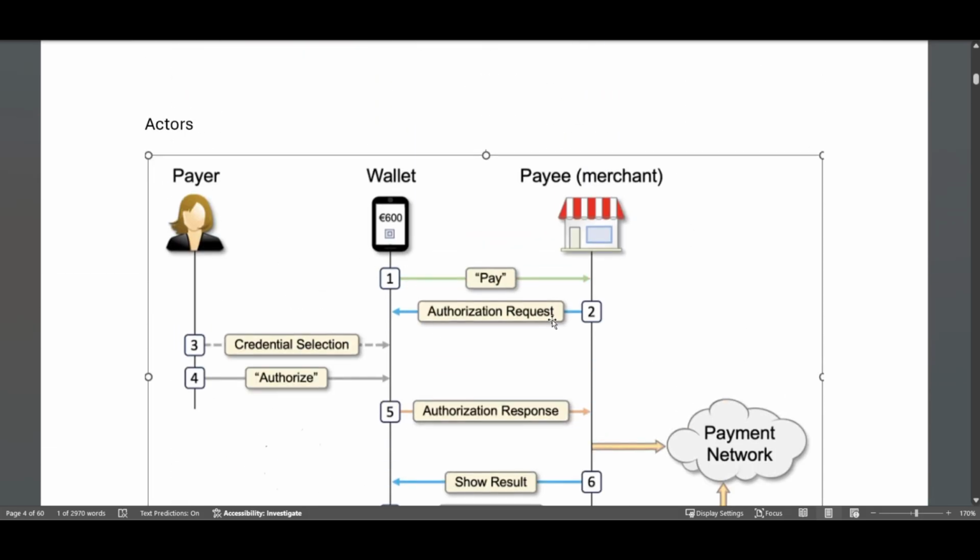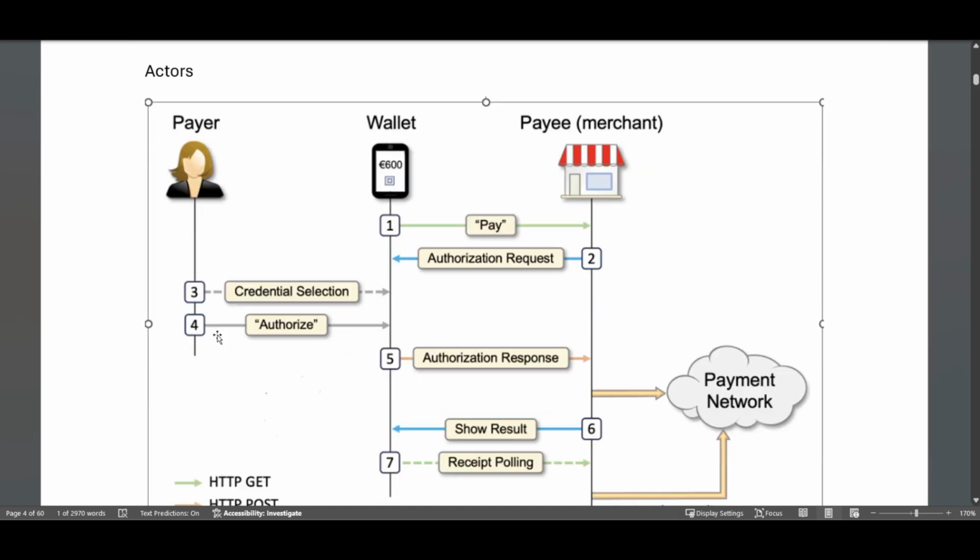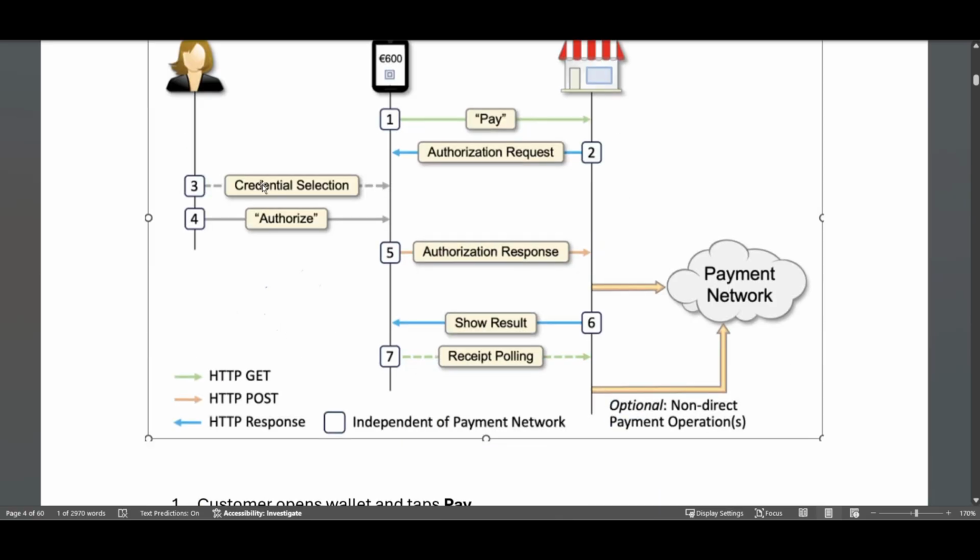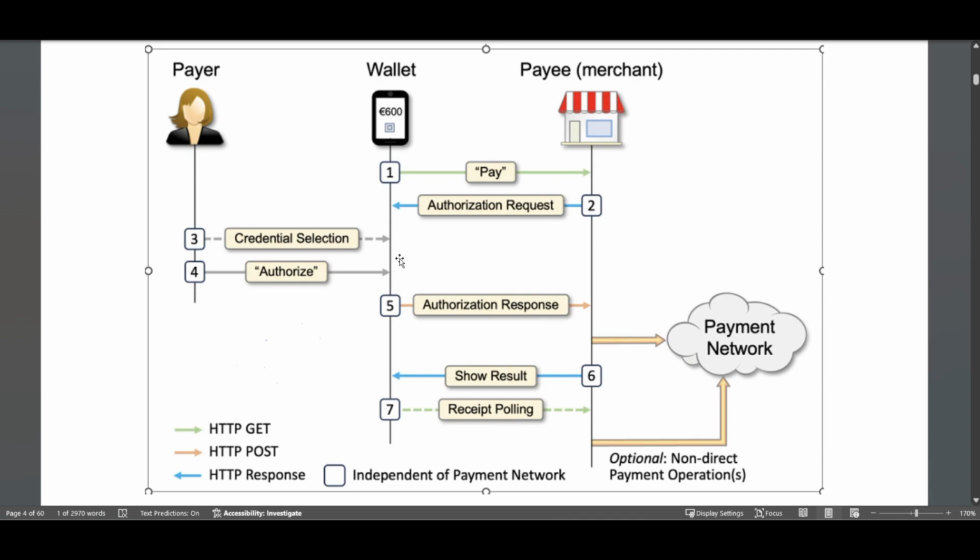Then as a user, he's going to enter all the credentials here, enter his face ID or PIN, select the credit card information, and authorize. That authorization is made in the wallet app only.